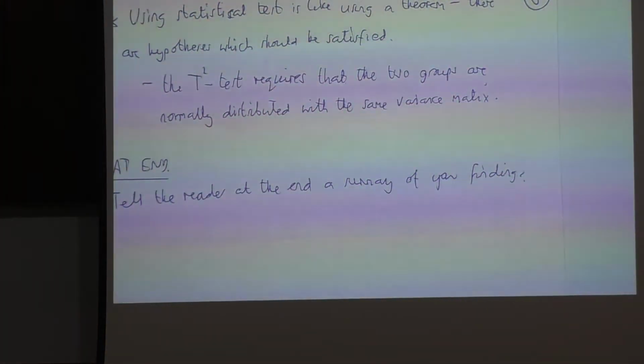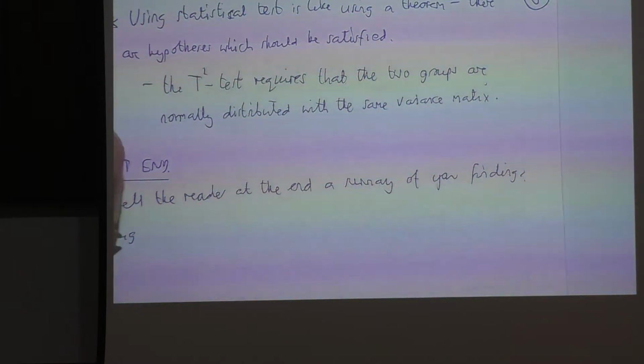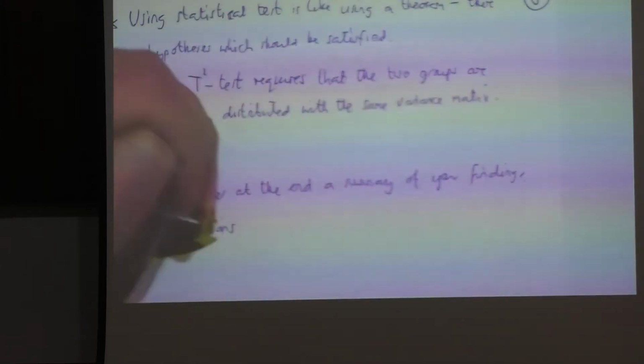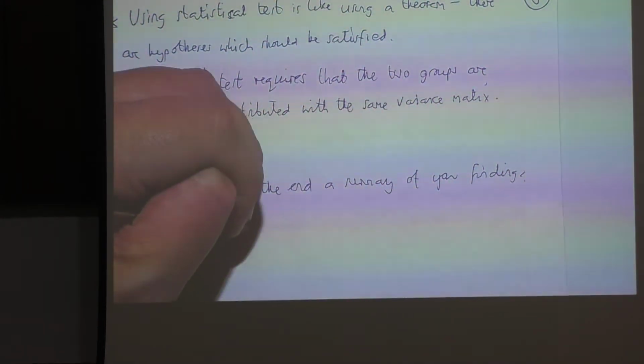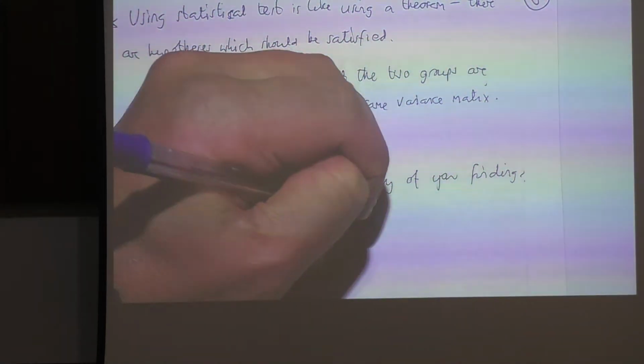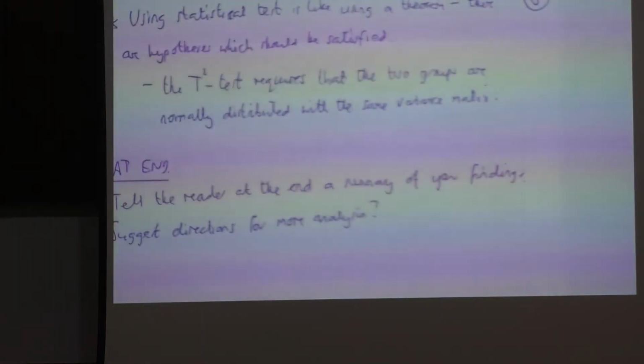It's fairly common in this final conclusion also to suggest future directions, so directions for more work, more analysis. I mean, that's kind of optional.